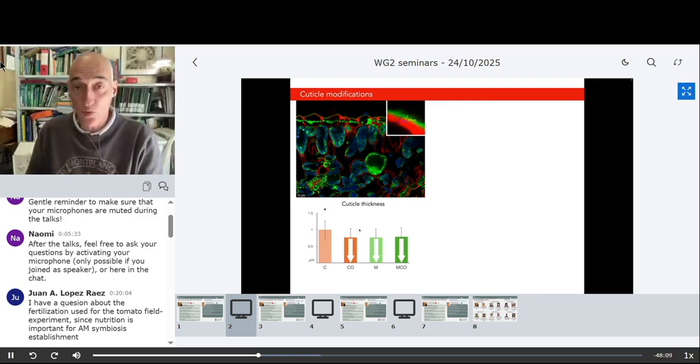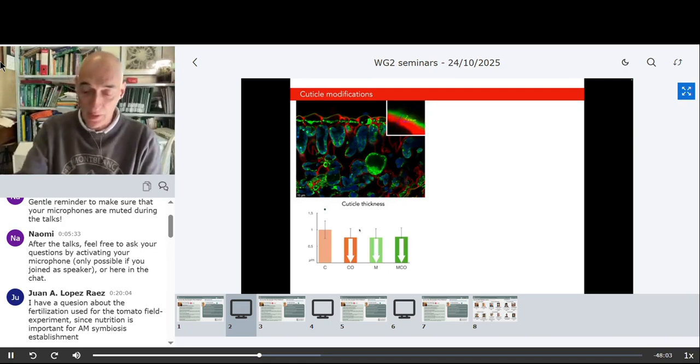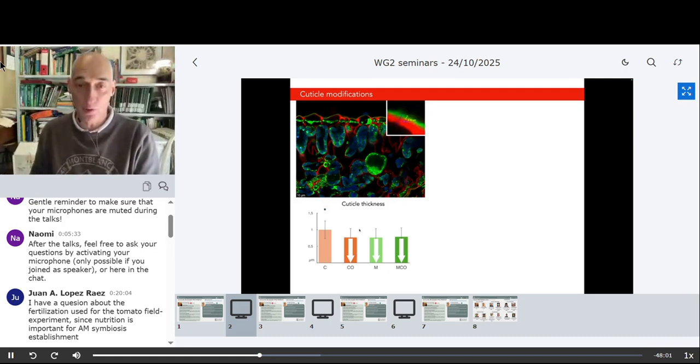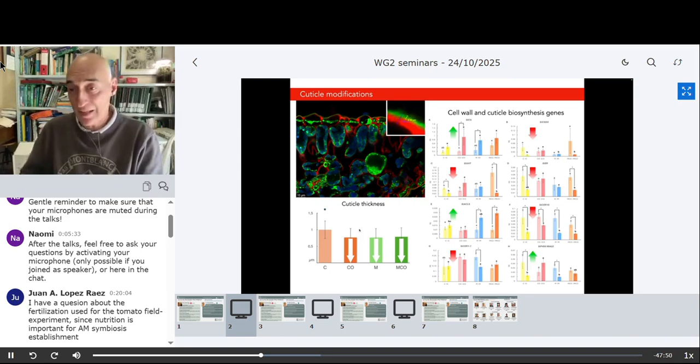So, of course, cuticle thickness is just very macroscopic information about what is happening in the cuticle. So we thought we could see something more, something clearer, maybe by looking at the regulation of genes involved in the synthesis of cuticle or waxes. And again, we have a significant change in the gene regulation pattern for these metabolic pathways, but we have upregulations and downregulations.